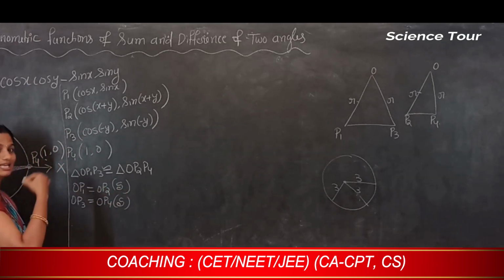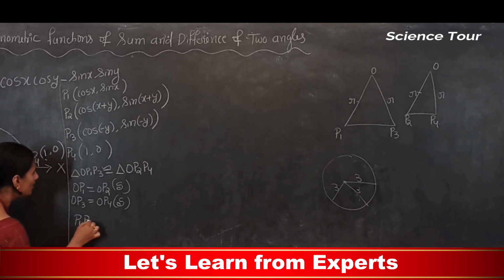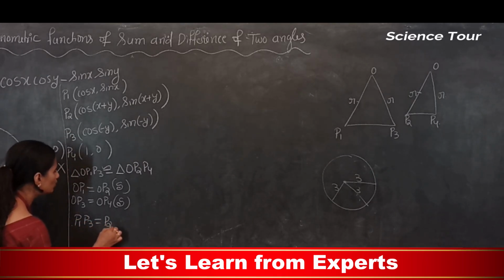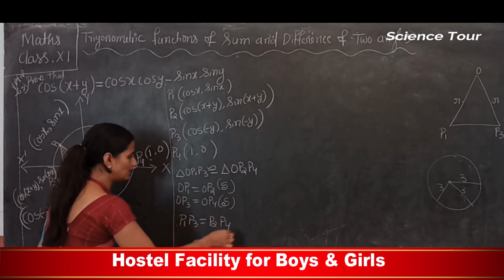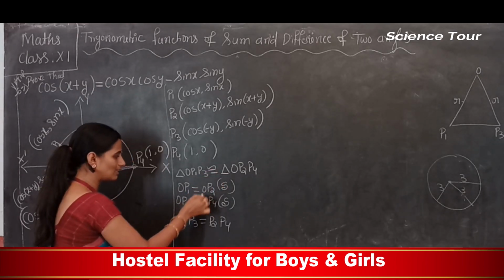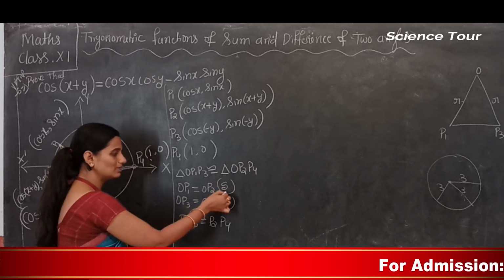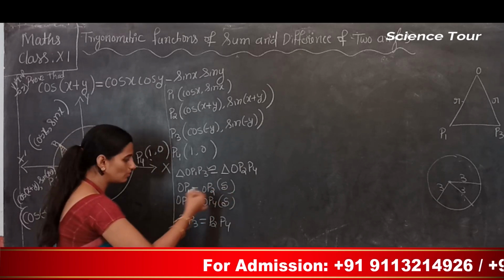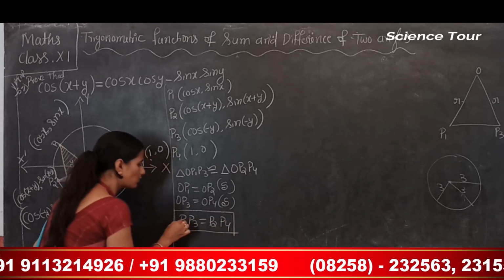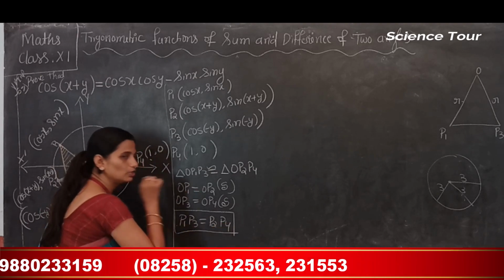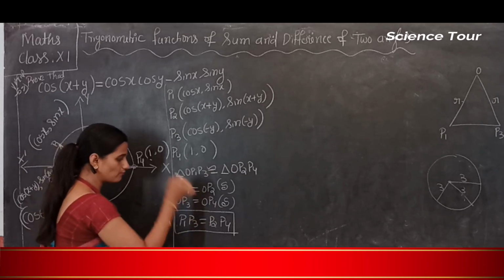If two sides are equal, we can write that the corresponding third side is also equal: P1P3 is equal to P2P4, right? Because of this we can say the triangles are congruent. Why are the triangles congruent? Two corresponding sides are equal and the included angle is equal, so the third side also automatically comes as equal. So P1P3 is equal to P2P4 because of congruence. Clear this? Because of congruence.